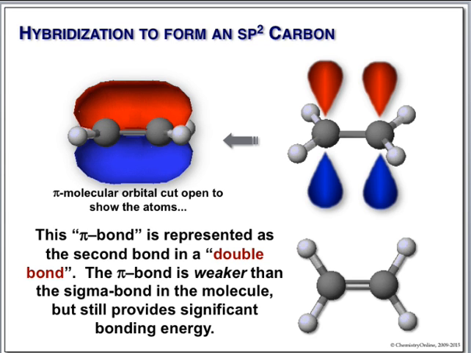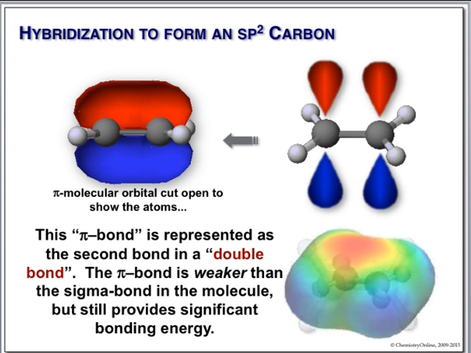Now, the fact that we constructed this from these orbitals has a very interesting consequence. Well, this is what it looks like in what's called an electrostatic potential diagram. It's related to electron density, but really isn't. But it's colored. Electron deficiency is basically blue. Rich electron is red.